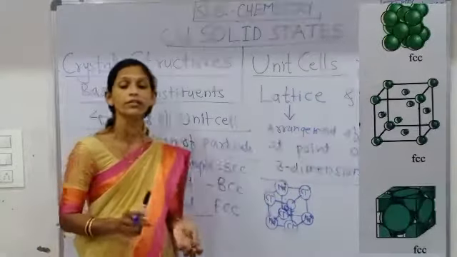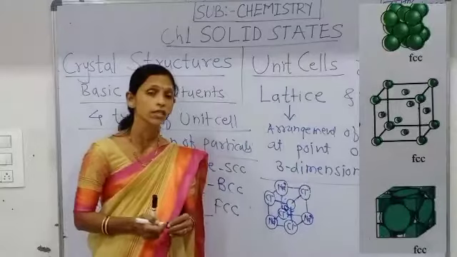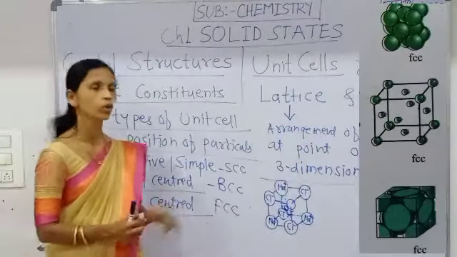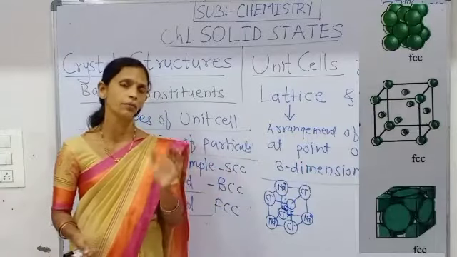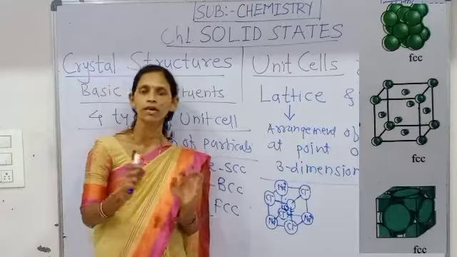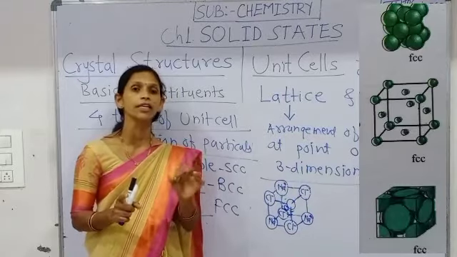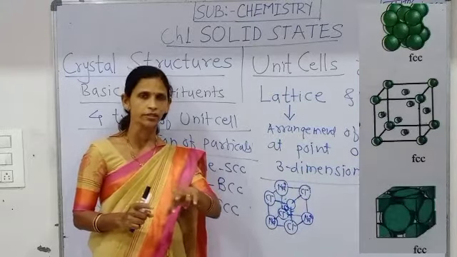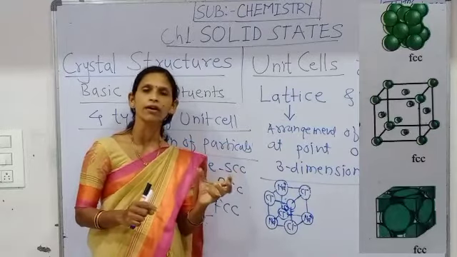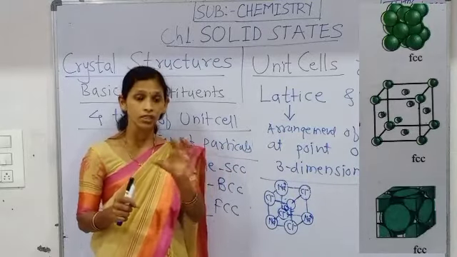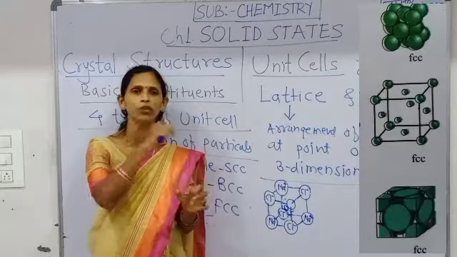Then the face centered unit cell, see here, the name itself indicates that there are a total of 8 basic particles present at the corners, that is, the lattice points, as well as extra basic particles present at the center of each face of that unit cell.